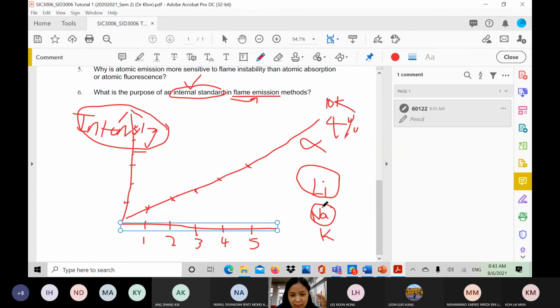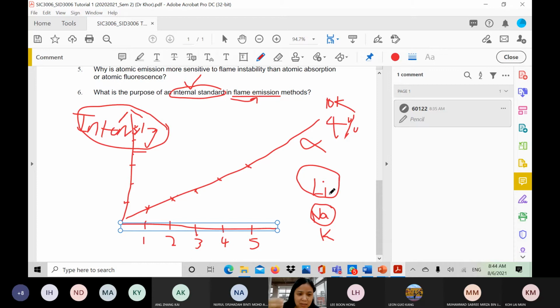We get a ratio. So this will take into consideration any changes made by the environment, the flame temperature, the aspiration rate, the gas flow rate; it won't have much effect, because we have already taken into consideration the ratio of intensity between our target analyte and the internal standard.